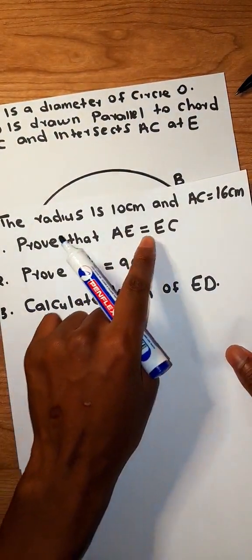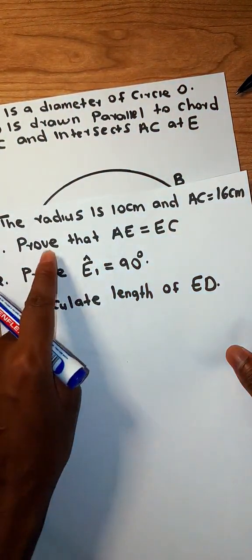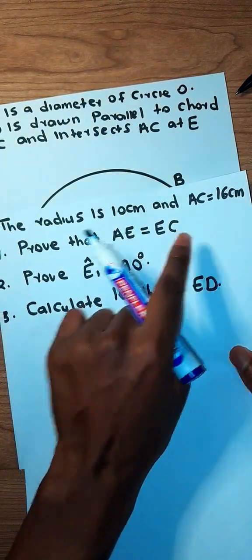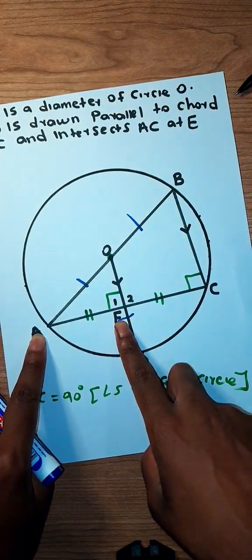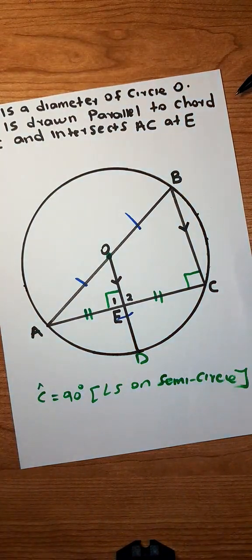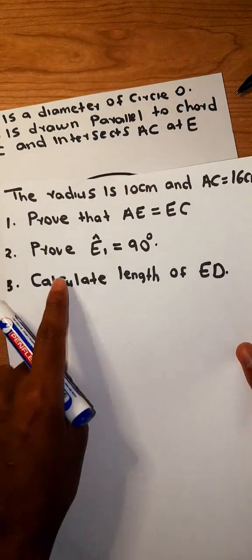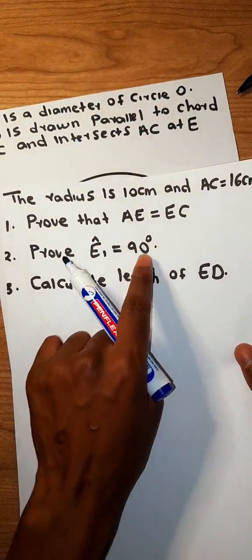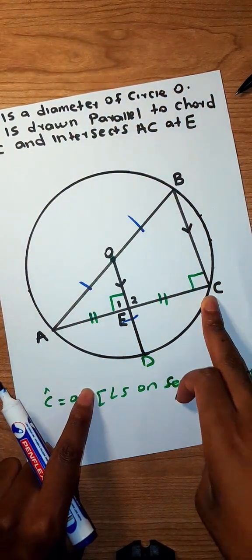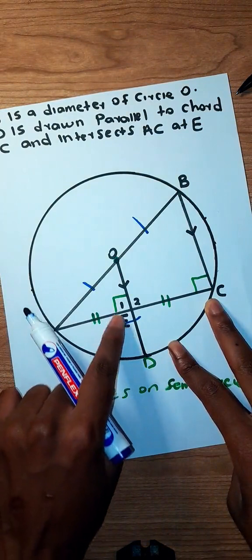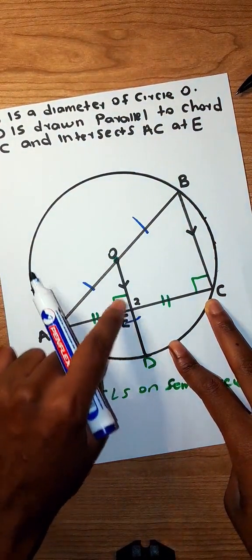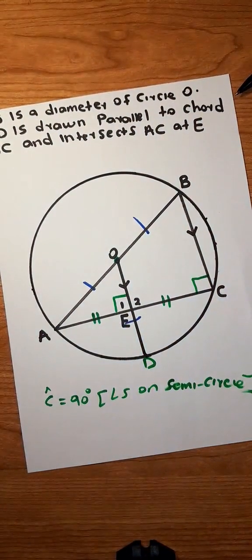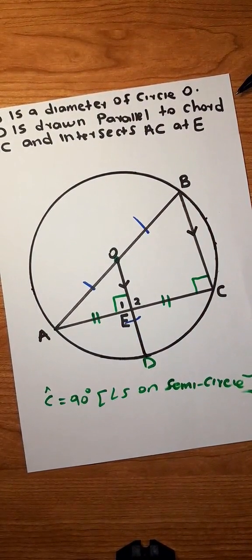Now they say prove that AE equals EC. Just by interpreting the statement, we have already marked that they are equal. Now they say prove that E1 equals 90 degrees. Well, we have already proven that E1 indeed equals 90 degrees, and we did this by interpreting the statements, right?